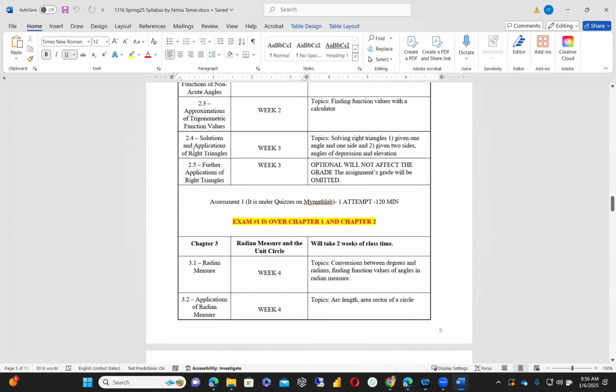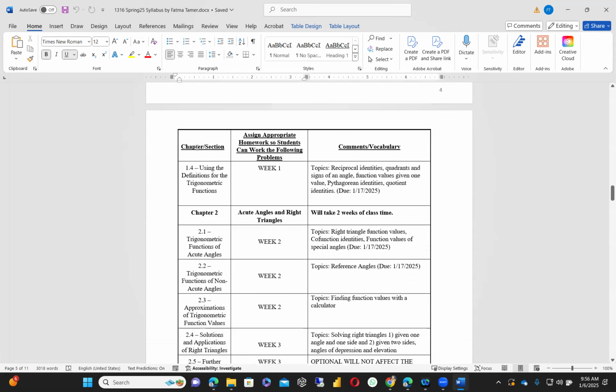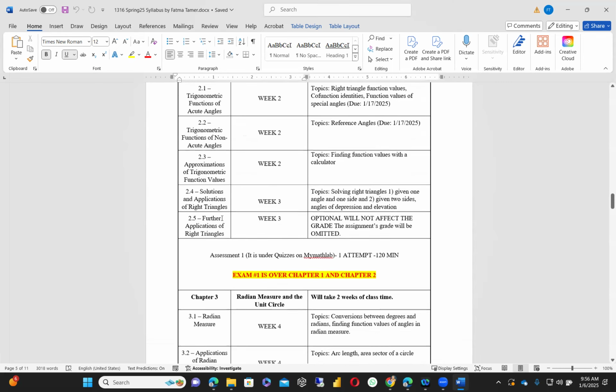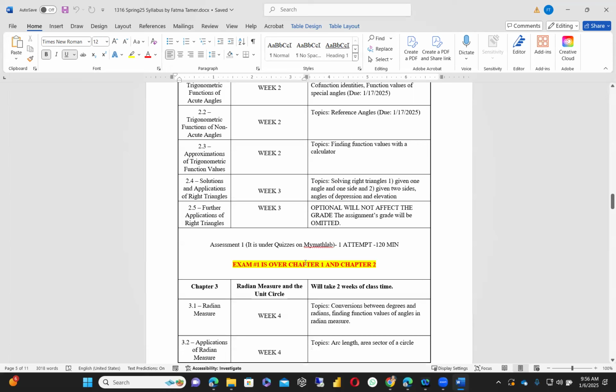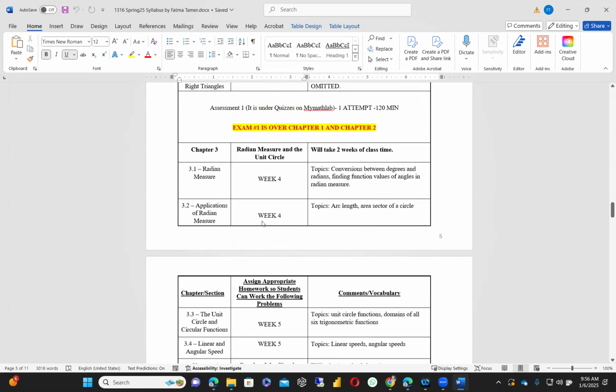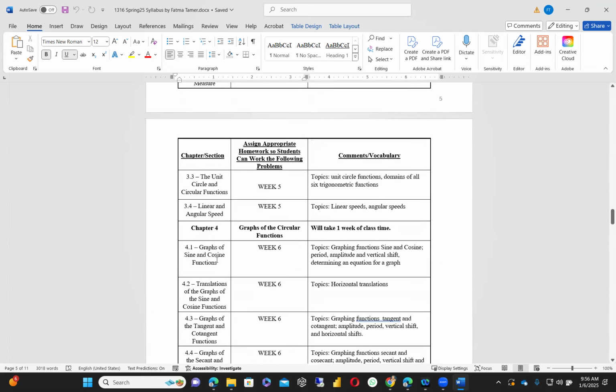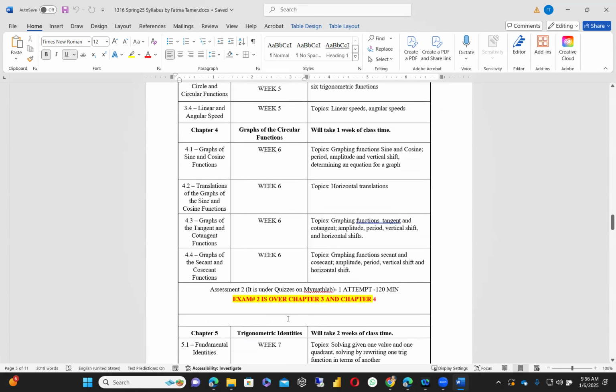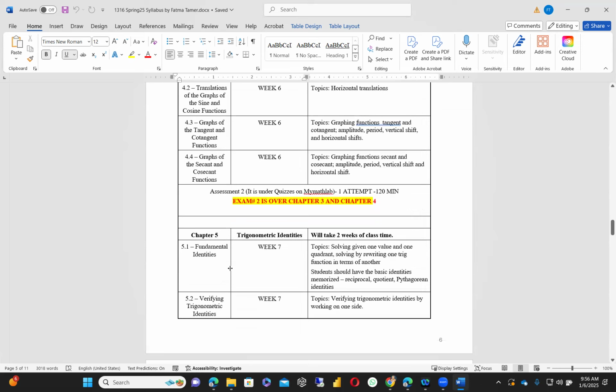Your first test is whenever you finish your assignments for all of chapter 1 and chapter 2 lessons; then you're ready to take your first test. Whenever you study chapter 3 and chapter 4 and finish all the homework questions, you will be ready to take exam 2, which will be under quizzes again, with only one attempt.